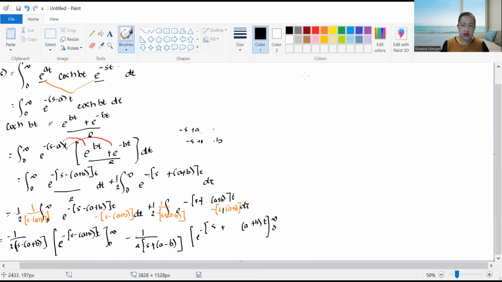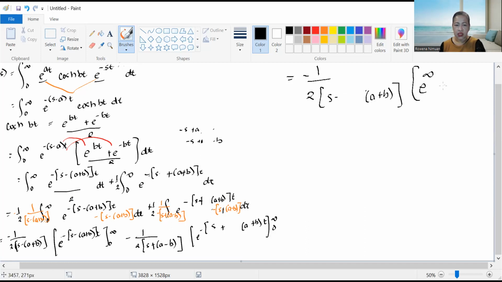So this will now be equal to negative 1 over 2, s minus a plus b, substituting infinity minus e to the 0.